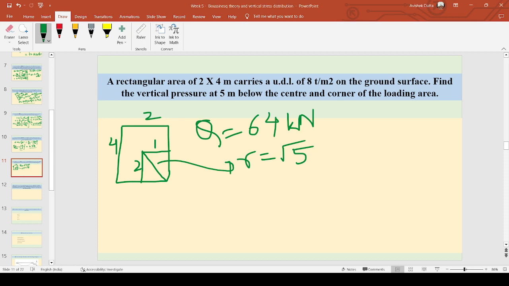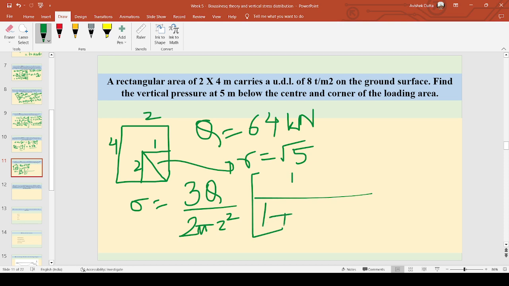In this case, we are again going to use the same formula: sigma equals 3q divided by 2 pi z square, 1 divided by 1 plus r by z whole square, whole to the power 5 by 2.